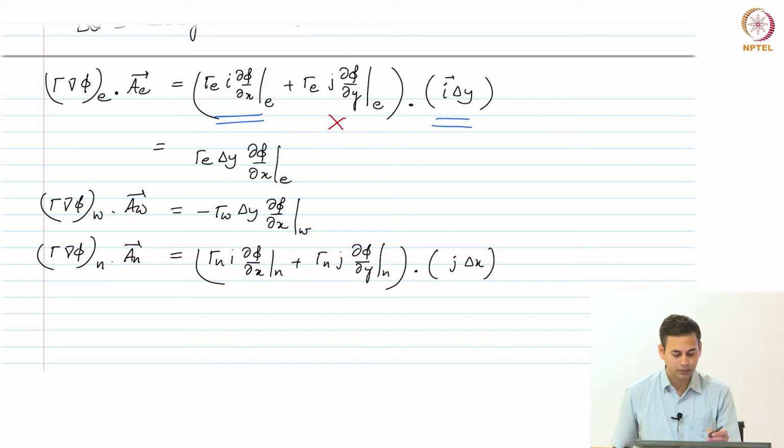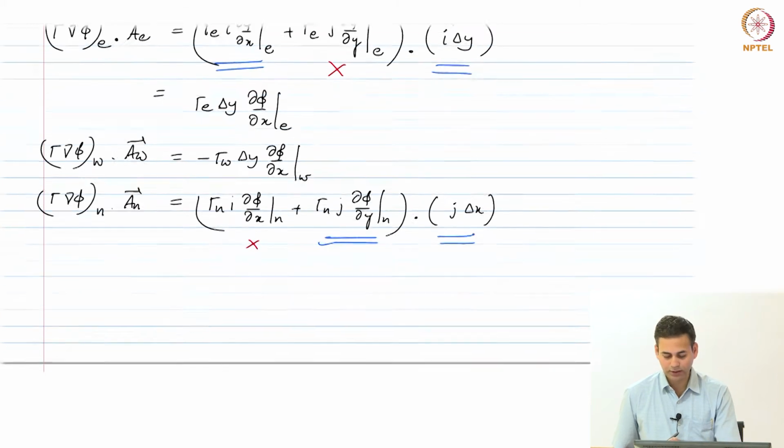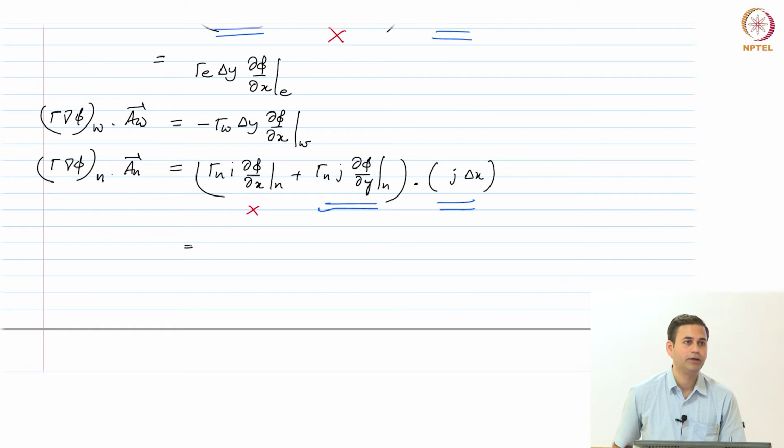So, the only term that survives is the j component term. This term does not come into the picture. As a result, gamma grad phi north dot A n bar is gamma north delta x partial phi partial y evaluated on north.